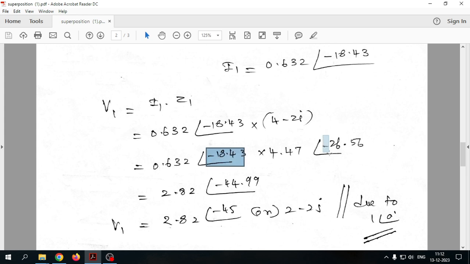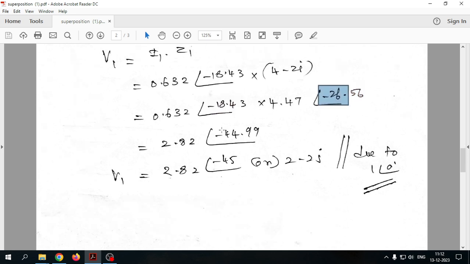The real numbers are just magnitudes, a normal multiplication, which gives you 2.82, and the angle will be minus 44.99, approximately 45. This is V1 due to the first source alone.